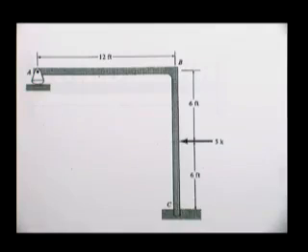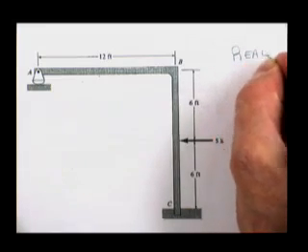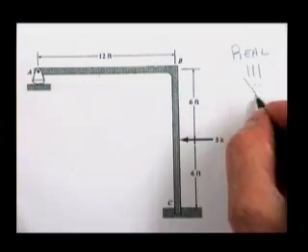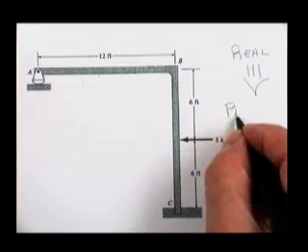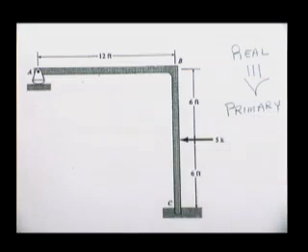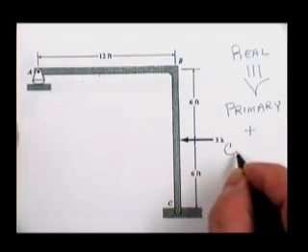Now, we talked about taking a real structure and saying that it is the same as a primary structure, one in which any additional unneeded reactions have been removed such that the structure is not true but can be solved by statics, and adding to that a complementary solution.